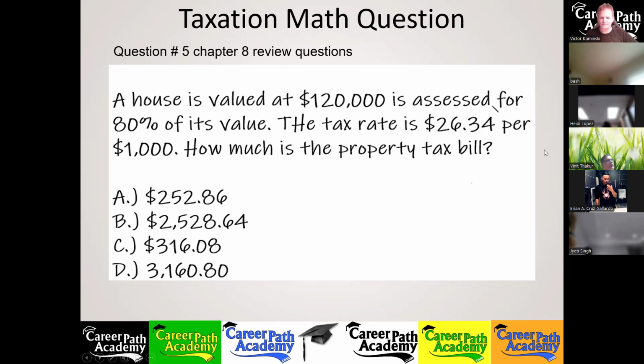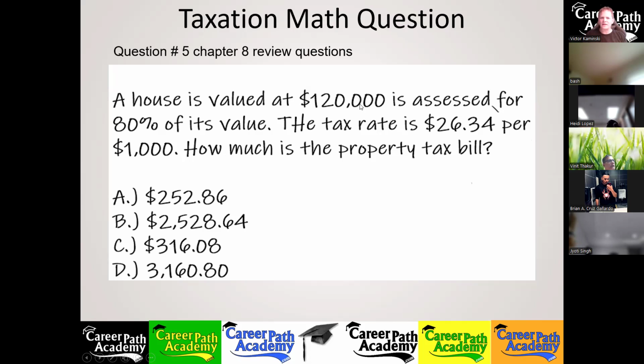So 120 times 80%, then the remaining amount we can multiply by 26. Okay, so we take 120,000 times 80% to figure out what the assessed value is, because it's only assessed at 80% of the value, right? And then 96,000, yeah. And then what do we do? So 96,000 divided by the thousands.